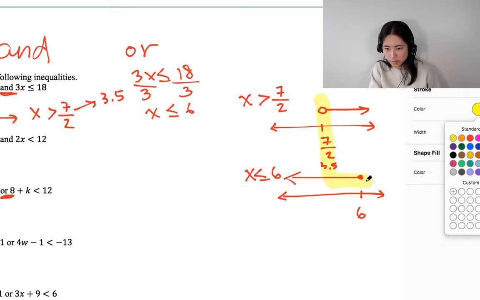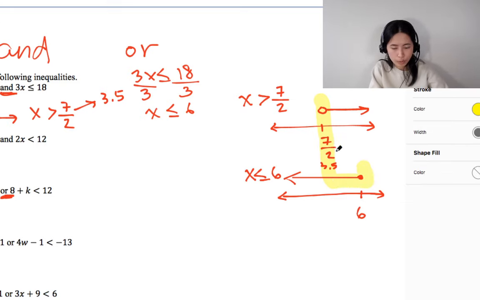It's basically from 3.5 until 6, right? So I'm just going to shade this. I'm not sure if I made that worse, but you get the point, right? It's basically from 3.5 and then you have 6.